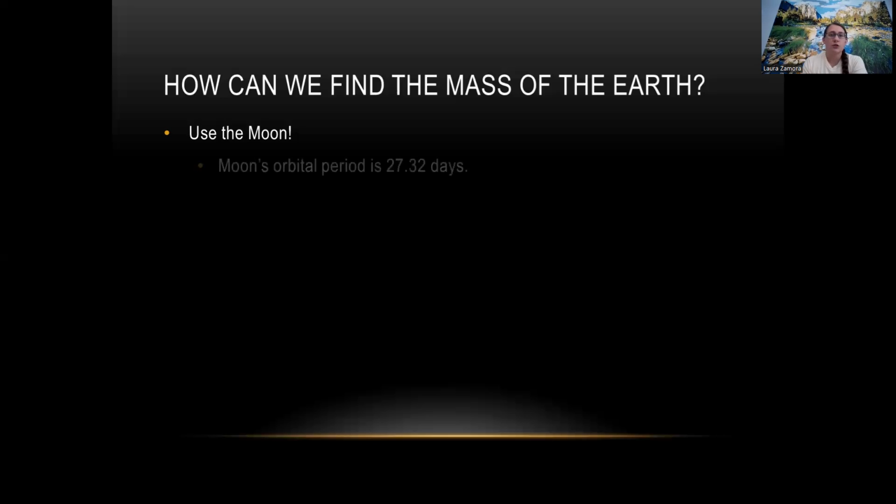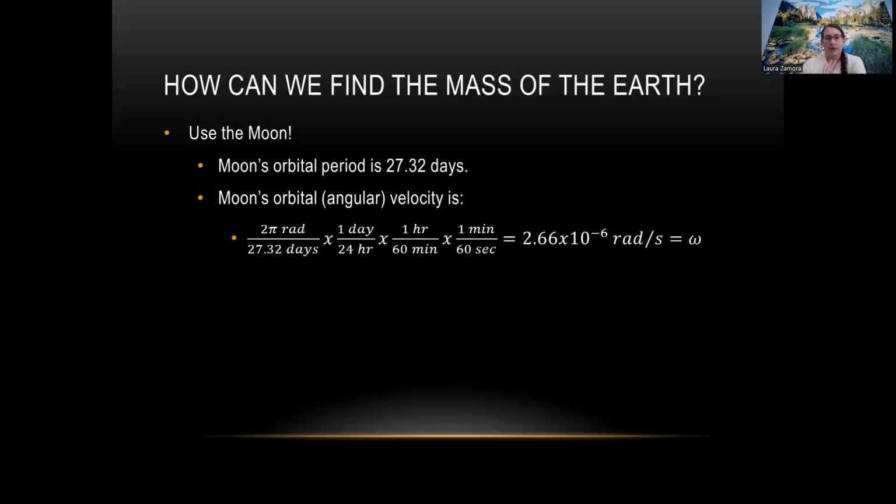Same sort of situation. Observationally, we know that the moon's orbital period is about 27 days, and its orbital or angular velocity we can calculate in this way. We know a complete circle or a complete orbit is 2 pi radians.